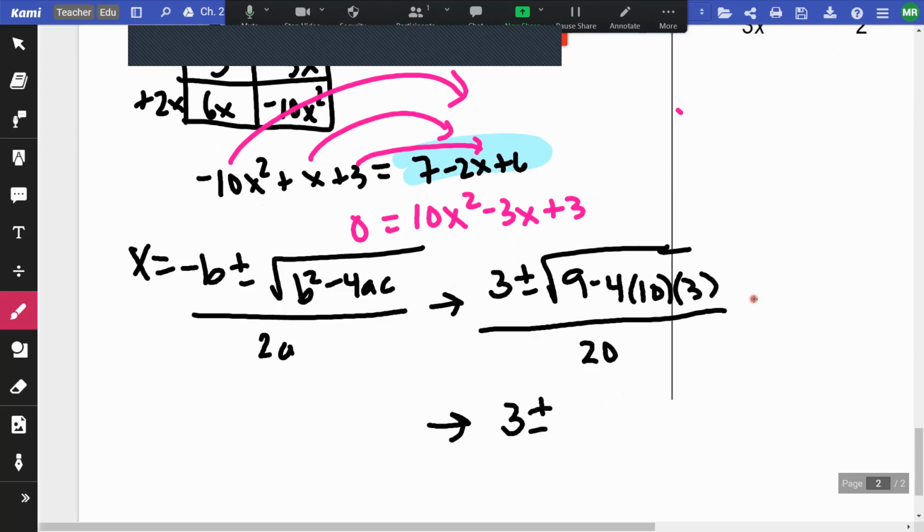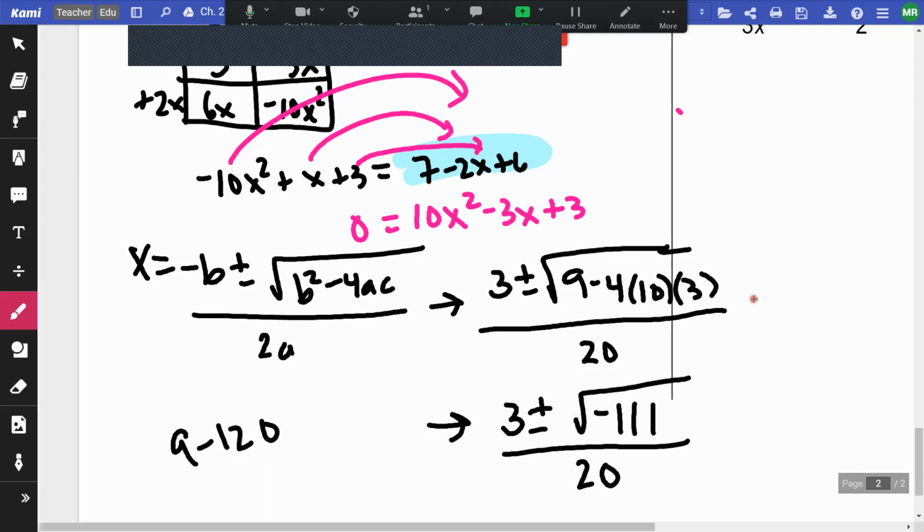So now I'm going to do 9 minus 120. Okay, so 9 minus 120 is going to be a negative. So let me just write it here. Sorry, 9 minus 120 is what's underneath the square root. So that's going to be -111, over 20.